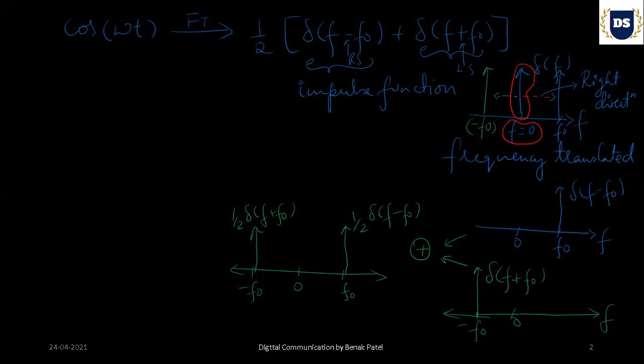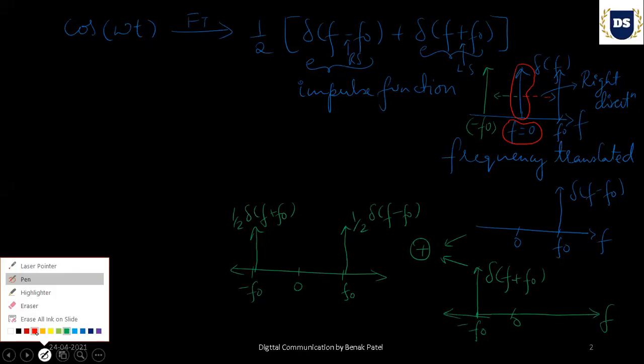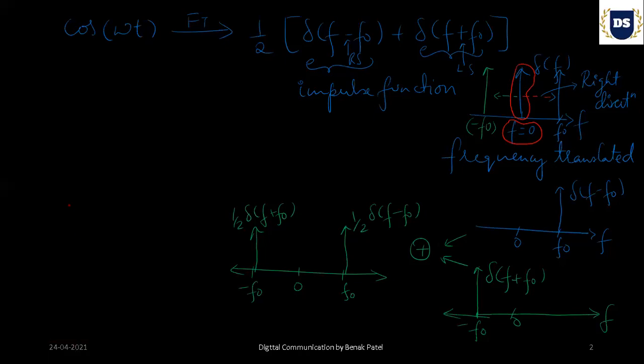This is the cosine function. So the same cosine function, how it looks in time domain: it starts at t equal to 0. Its amplitude value will be 1 and gradually it will decrease. And somewhere at 90 degree, cosine 90 is 0.